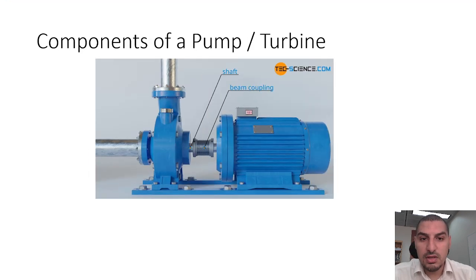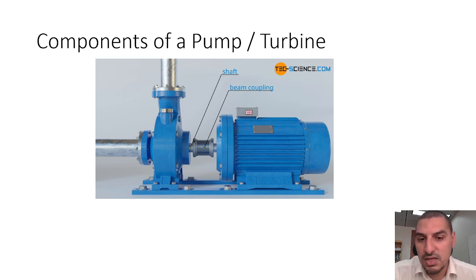So, to understand what we mean by this word ideal, let's first discuss the components of a pump or a turbine. We all know now that the mechanical work or the energy that is provided to the fluid comes, I would say in 99.99% of the cases, from electricity.